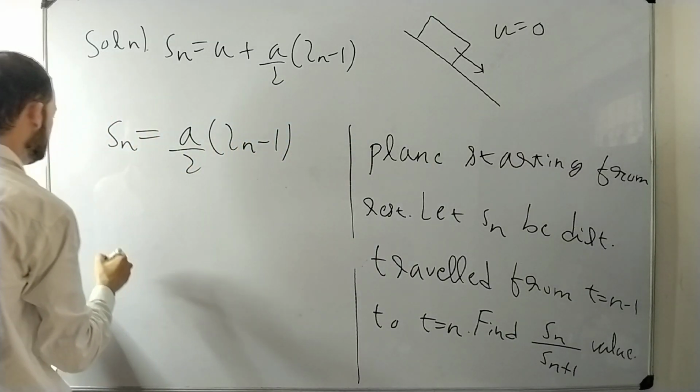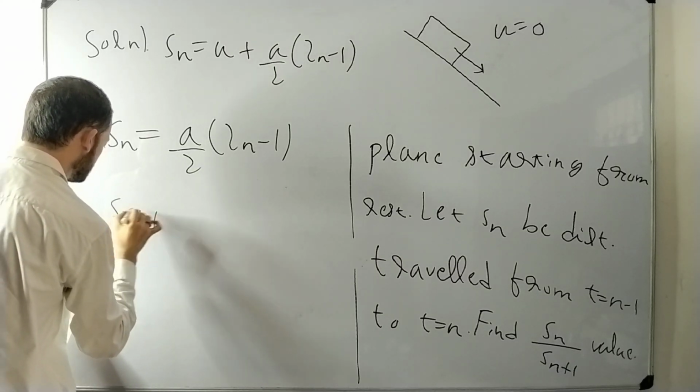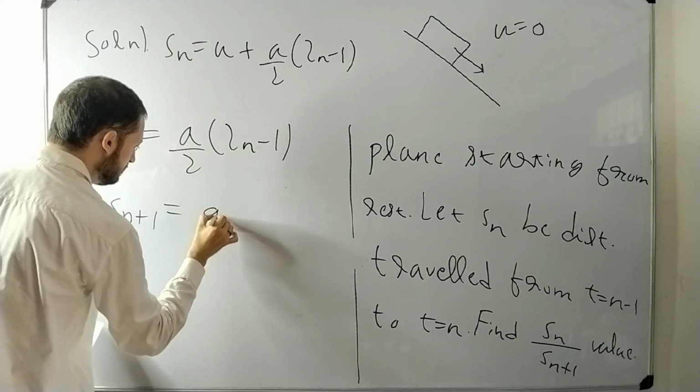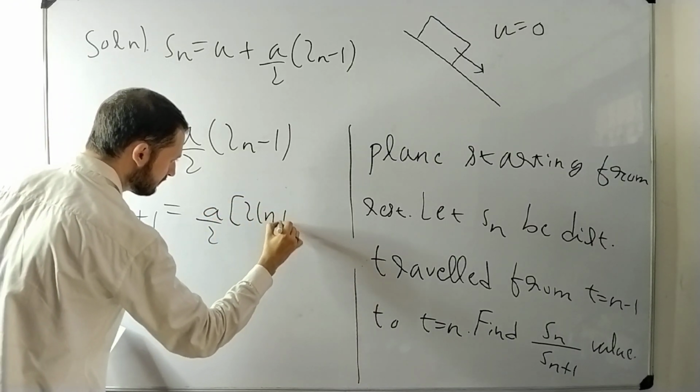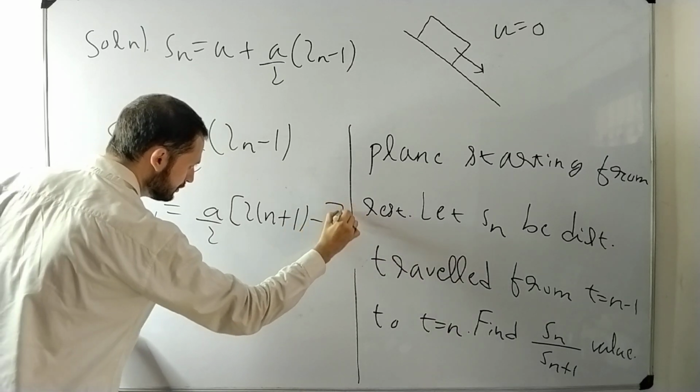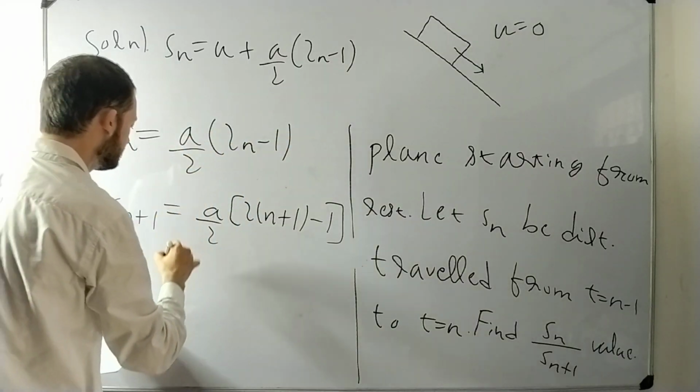Also Sn plus 1 becomes what? A by 2 into 2n plus 1 minus 1. U velocity is 0, so I have not considered it.